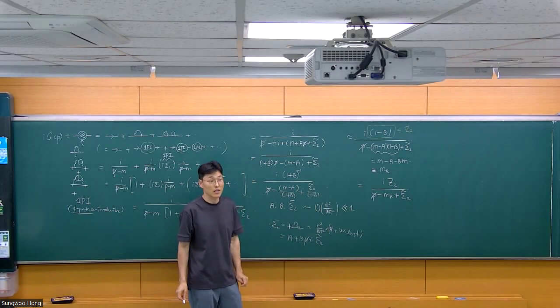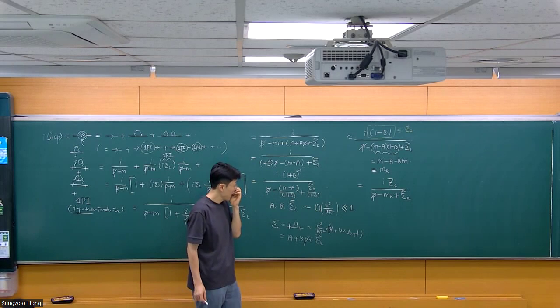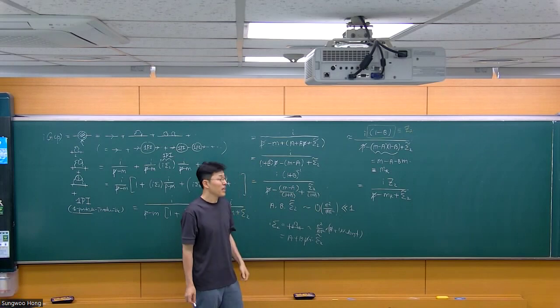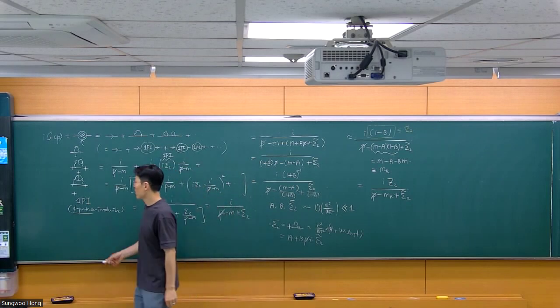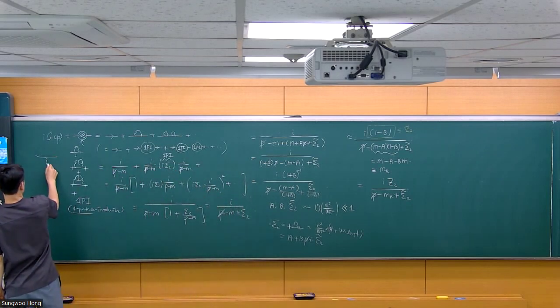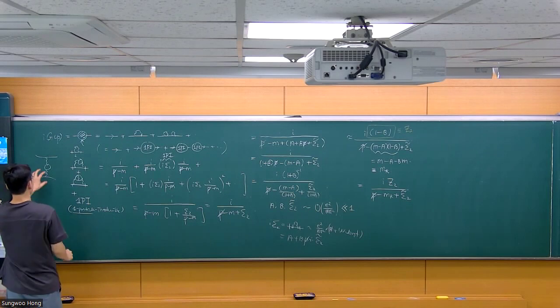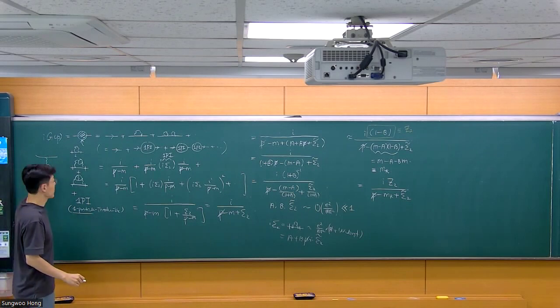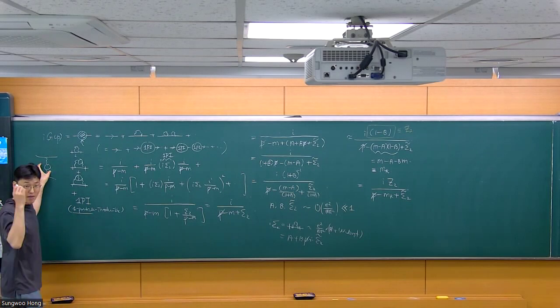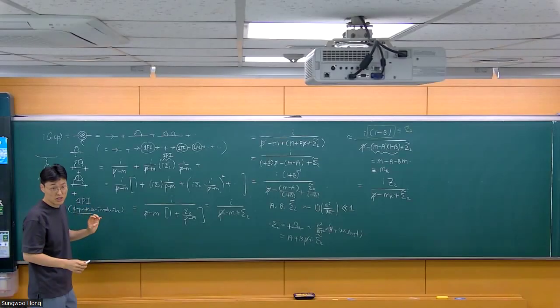Any other question? Yes. You said electric charge is also renormalized. Good. We have done it, but not completely yet. When we talked about the vacuum polarization correction to the photon propagator, we learned that the effect of including the vacuum polarization diagram is to renormalize electric charge.